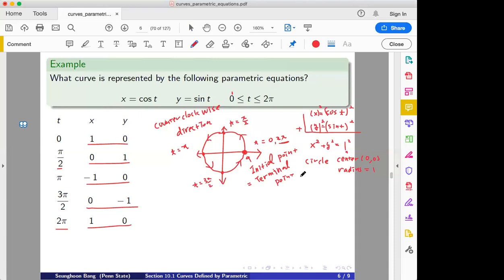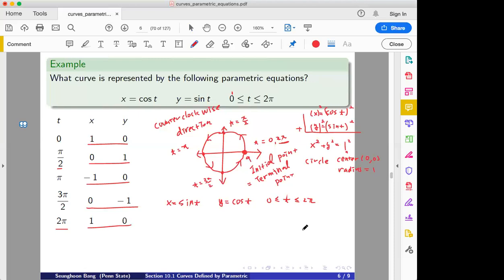So let me see what happens if we interchange sine and cosine. I want to give another example like this one: x equals sine of t, y equals cosine of t, where t is between 0 and 2 pi.